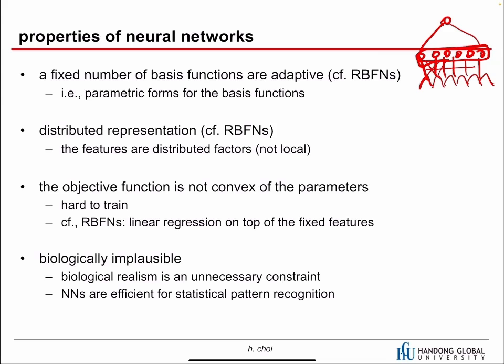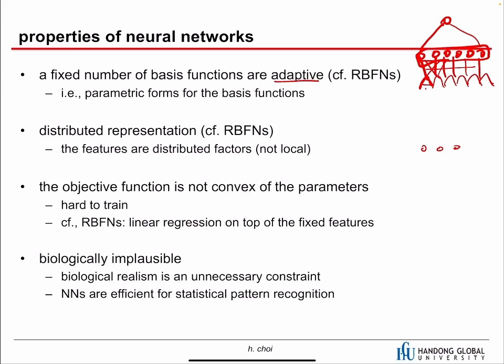And compared to the RBF networks, in neural networks, the basis functions are adaptive, which means we can train the first layer, which means the basis functions are parametric. In RBF networks, these basis functions are fixed. The mean is fixed and the scale is fixed.